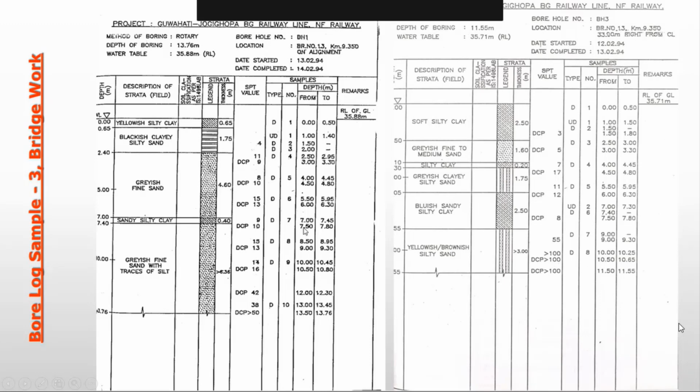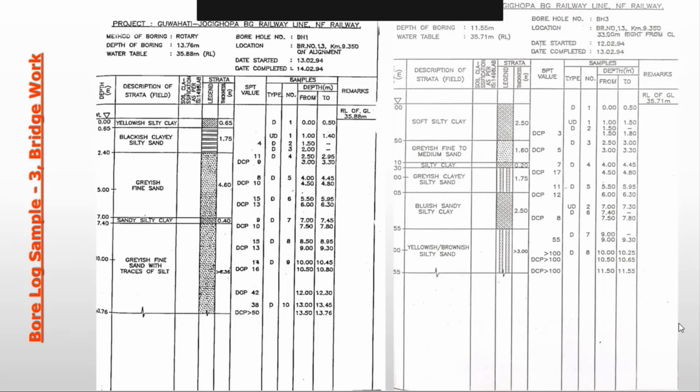And the last DCP is more than 50. What I have taught you is that if for any 300 mm slice, it is more than 35 blows, then it is considered a refusal.